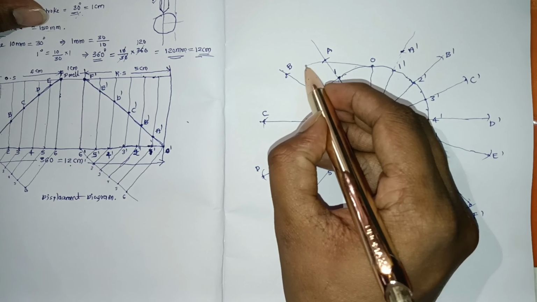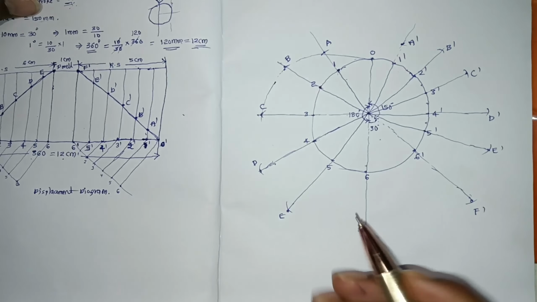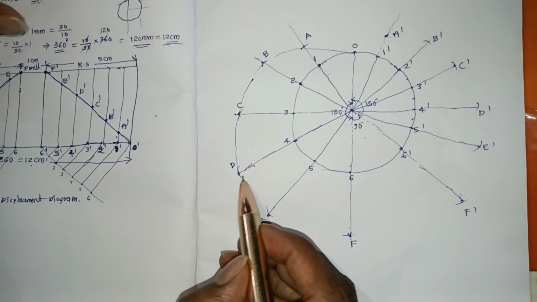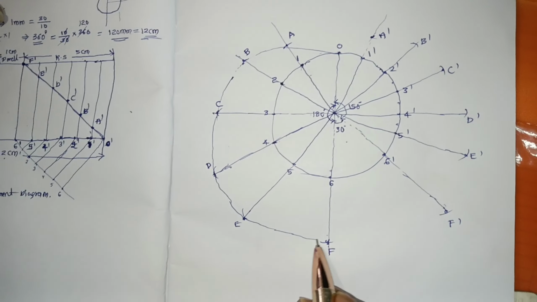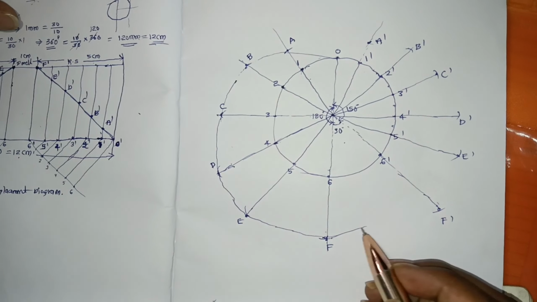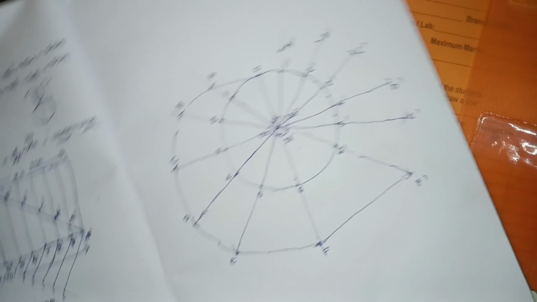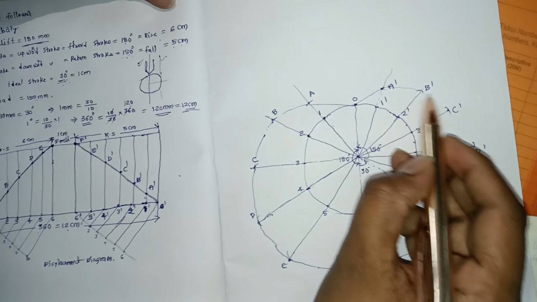First, we have to draw a light thin line. This is dwell, so you will get a straight line. Similarly, you have to draw this.